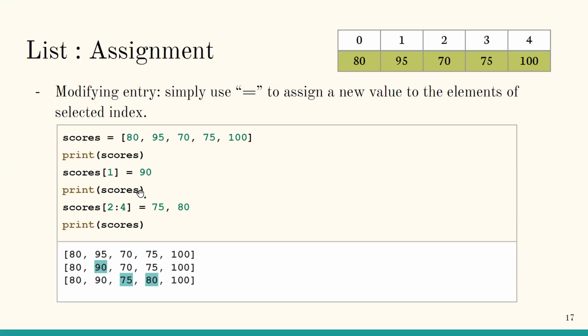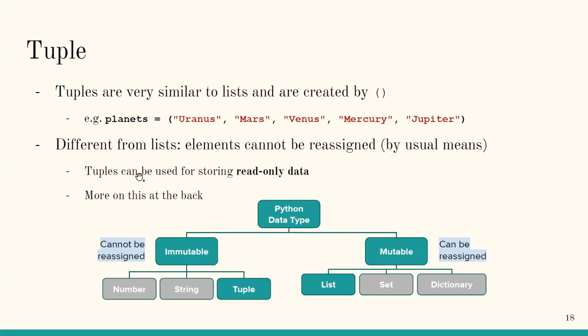You can try, but your computer will give you an error message. You can use the equal sign to try to reassign that, but it will not work. Okay, so it's read-only data. We'll get to this later. It's actually important computer science knowledge.